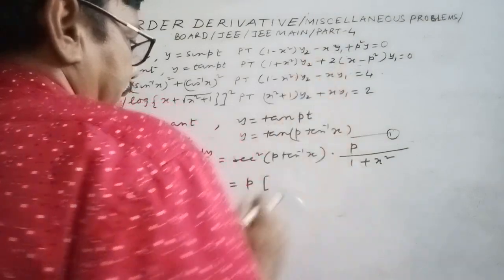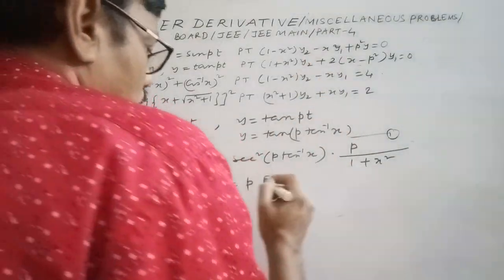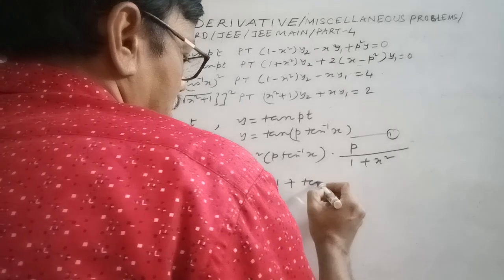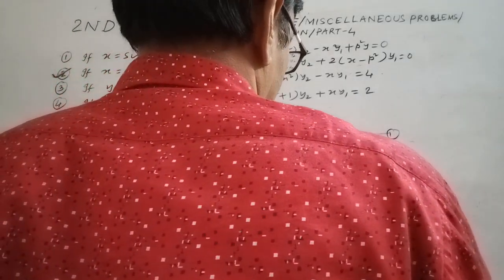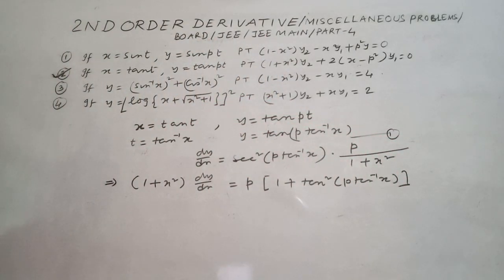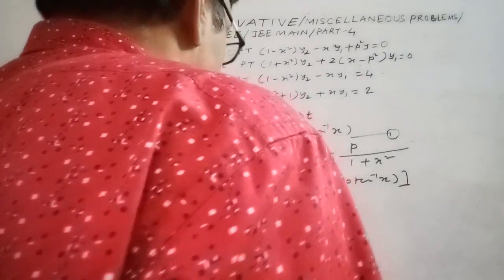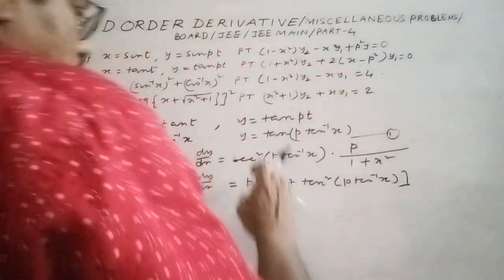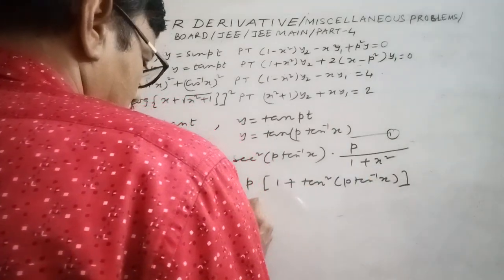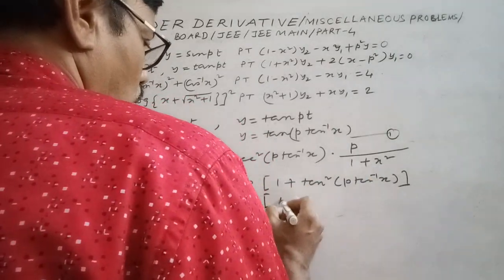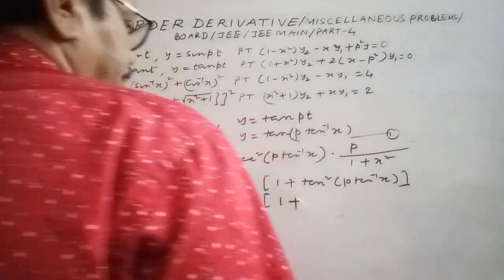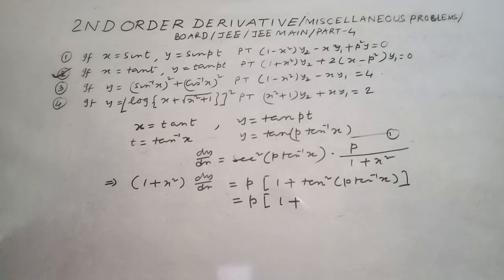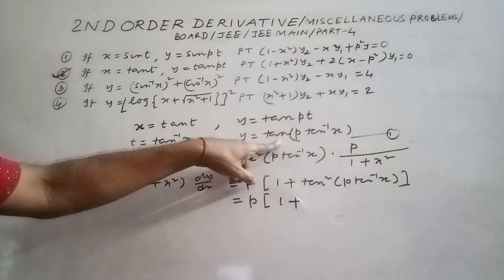You know the value of tan, so express it in terms of tan. So (1 plus x square) dy/dx equals p sec square (p tan inverse x). Sec square is 1 plus tan square, so p is unchanged. 1 plus, what is tan(p tan inverse x)?